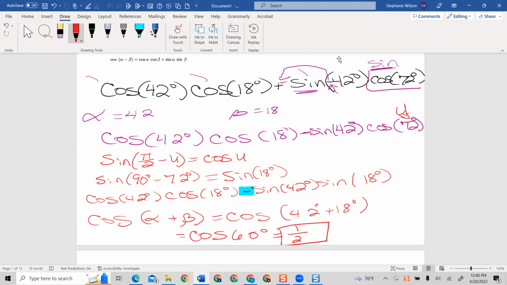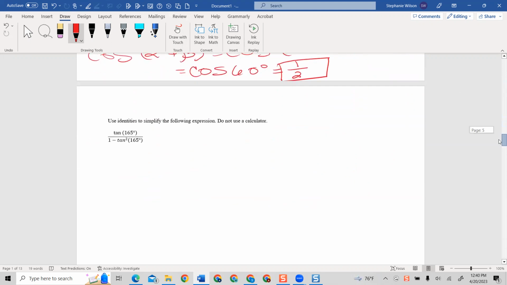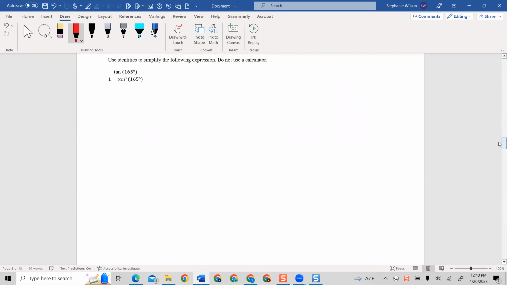Let's go to our next example. Our next example says use the identities to simplify the following expression. Do not use a calculator. So when we go to our identities, we're going to find that tangent 2x is equal to 2 tangent x all over 1 minus tangent squared x.